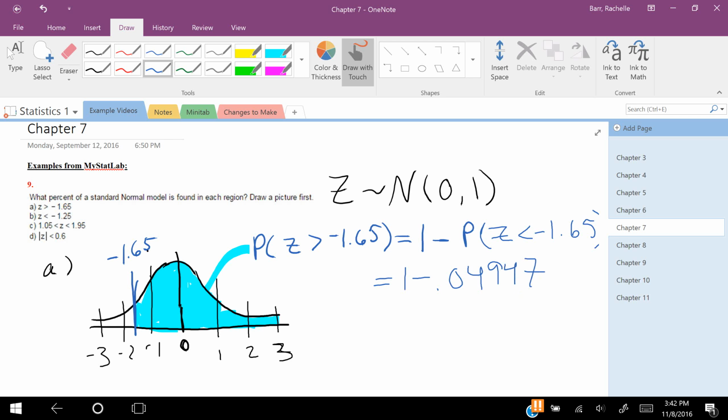If you do that calculation, you get 0.95053, which is a little more accurate than what I put in your answer key.